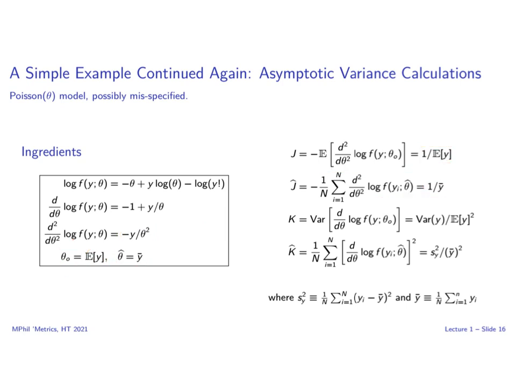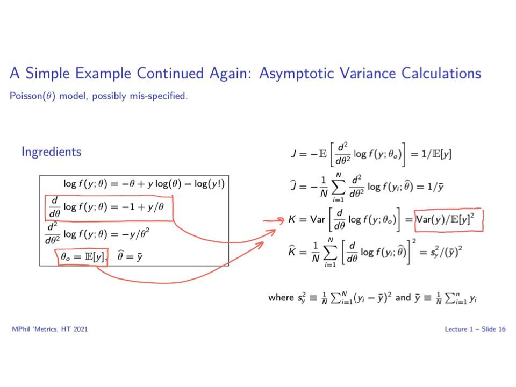We proceed similarly for K and K hat. For K, which is defined as the variance of the first derivative, using the expression derivative with respect to theta of log of f is equal to minus 1 plus y over theta, and substituting theta naught for theta, if we simplify, we will obtain an expression for K that is equal to the variance of y divided by the expectation of y squared.